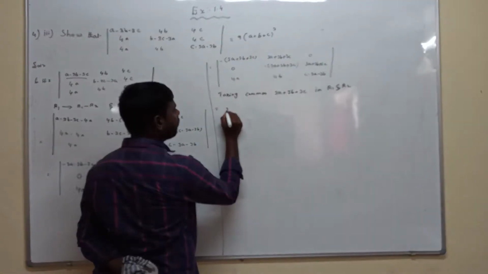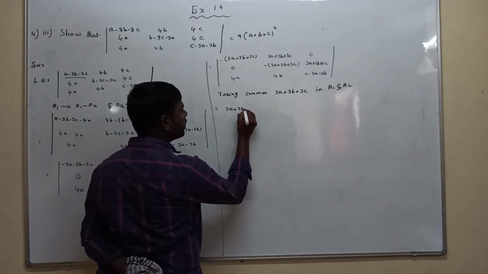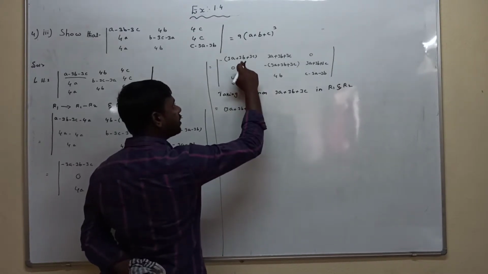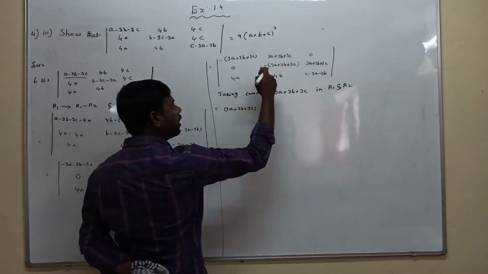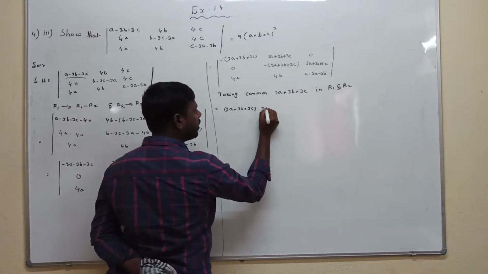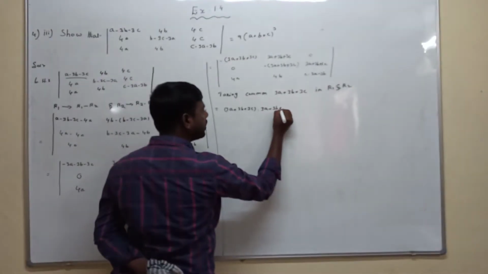First I am taking 3a plus 3b plus 3c common outside from the first row. Next I am taking 3a plus 3b plus 3c common from the second row. That's why we are writing 3a plus 3b plus 3c.